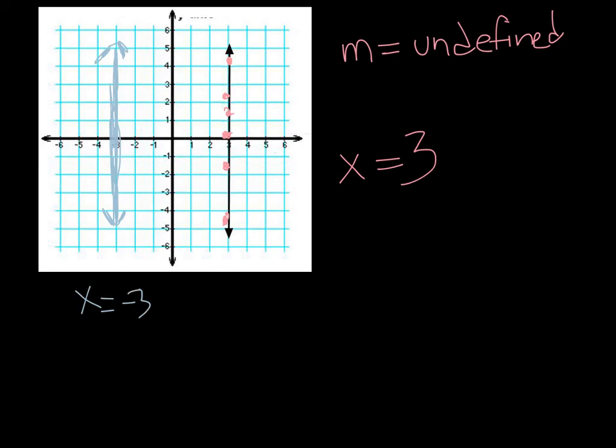If I had another line, we'll do this one in red. I kind of missed my mark, but the equation for that line would be x equals 1. Only for a vertical line do you just have an x and no y.